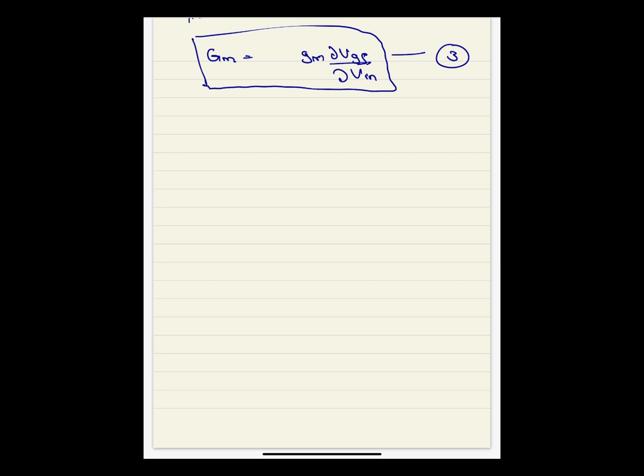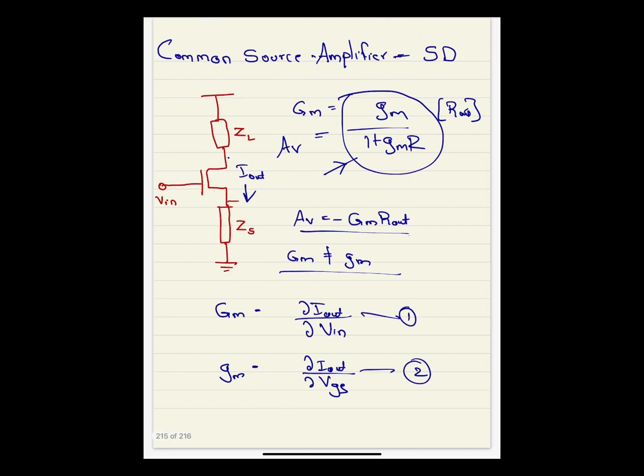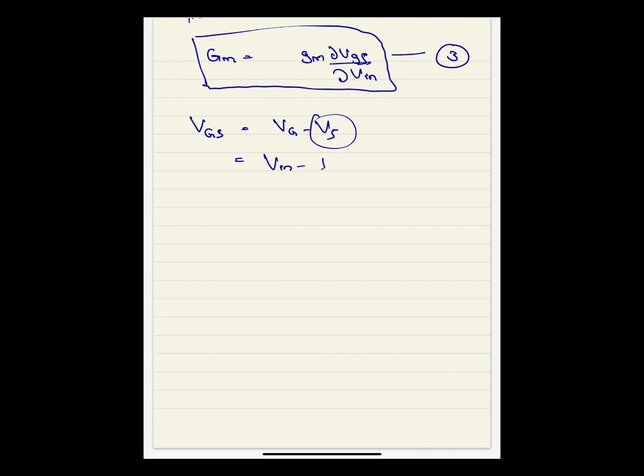Writing down the gate source voltage, VGS would be VG minus VS. VG is Vin, and VS will be the voltage across the resistance Rs, or as in here Zs, that is Iout into Zs. So VGS is equal to Vin minus Iout Zs.